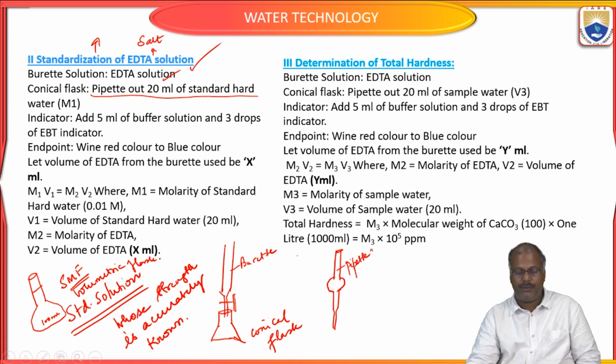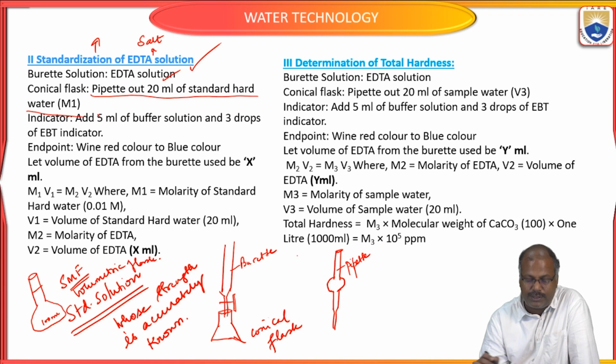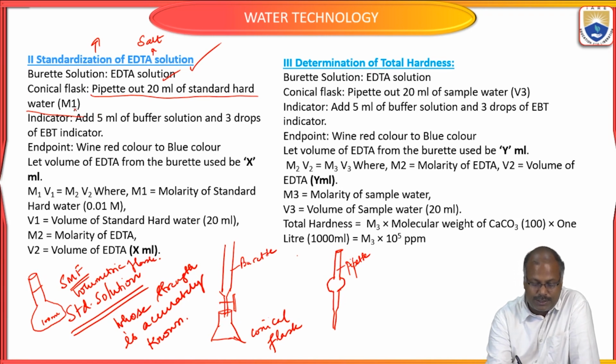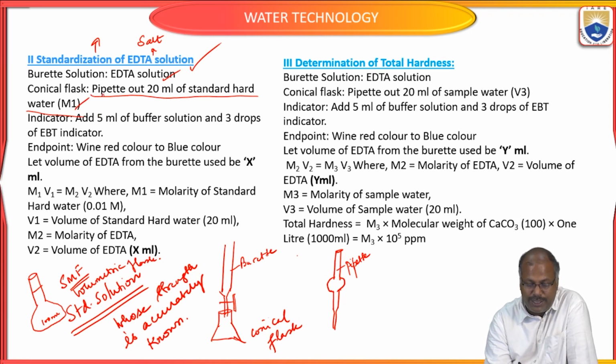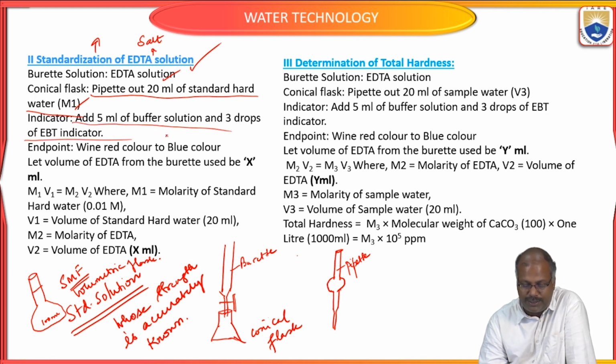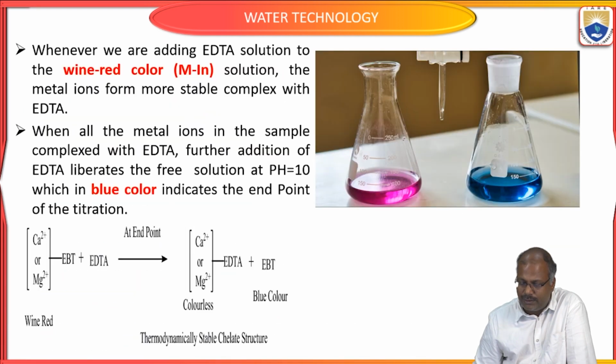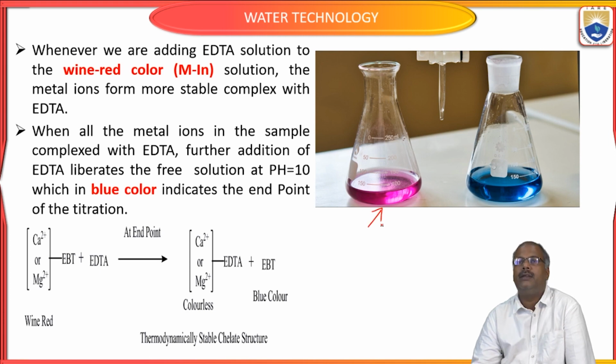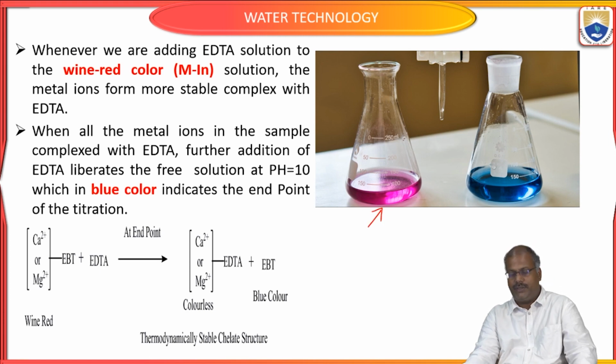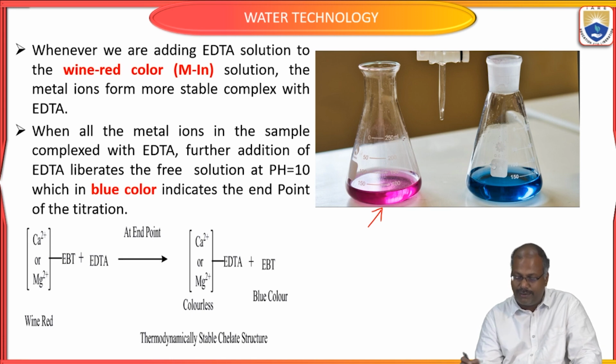So we have to pipette out 20 ml of standard hard water which we prepared, concentration M1, strength M1. Then 5 ml of buffer solution and EBT indicator 3 drops, which forms a wine red color. End point is blue. You have to titrate the solution with EDTA till we get blue color. So after adding indicator with buffer solution, we get wine red color.